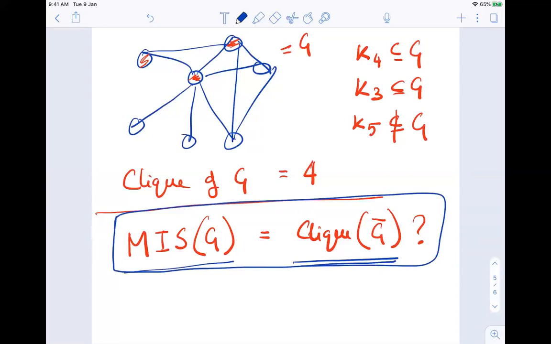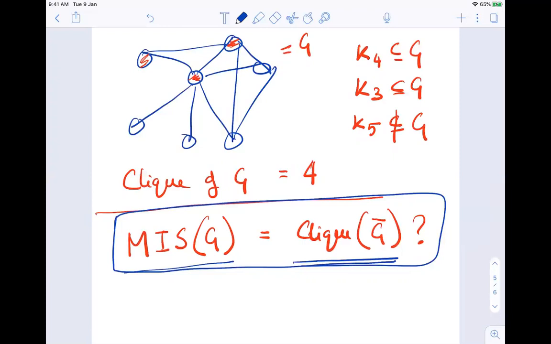Yeah, a clique is a number. The set for which we have the clique of G bar will be the MIS of G. But we can't write equality. Okay, good. So this clique will be an independent set, that I completely agree with, right?